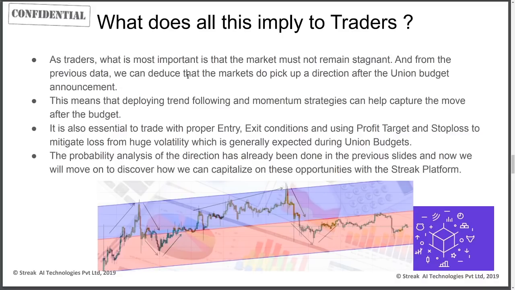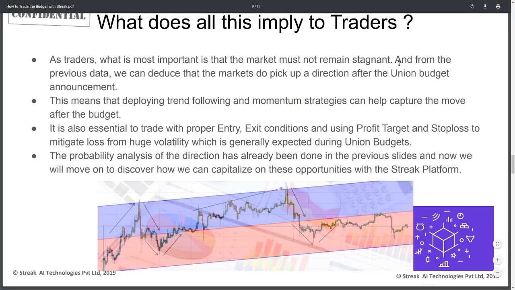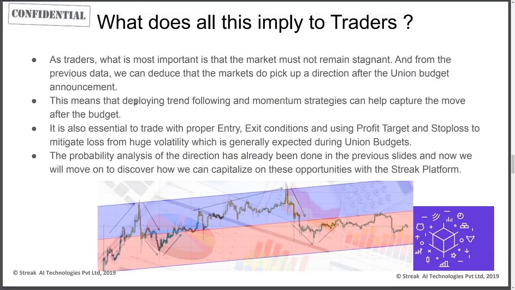What is important for us is that the market has some movement. From the previous data we can deduce that the markets do pick up some kind of directional trend after the union budget announcement. It is not sideways, it can be upwards or downwards, some kind of trend.